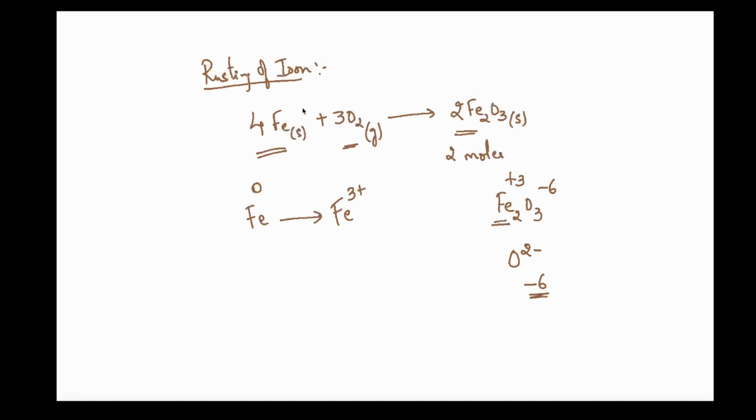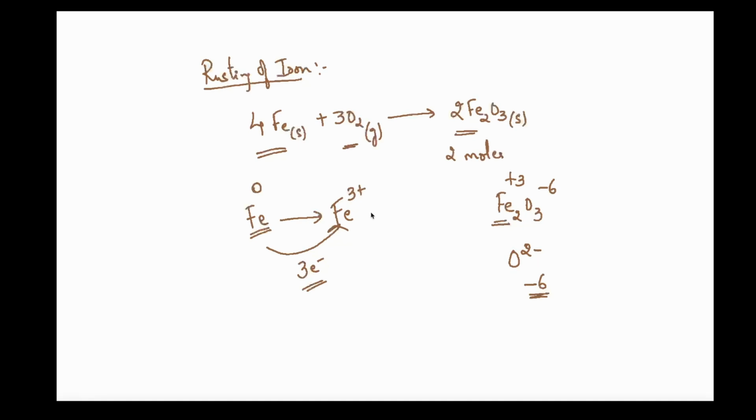Okay, so in the course of this reaction, the iron atom, which is in its neutral state, has got oxidized because iron has lost 3 electrons in this process, and those electrons are picked up by the oxygen atom.